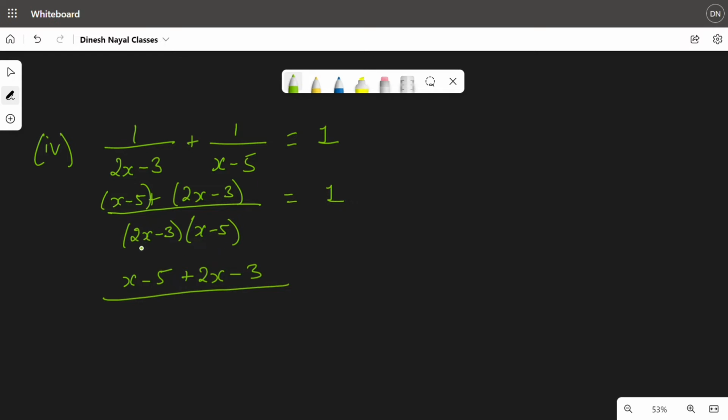See, this will be 2x into x, which is 2x square, and 2x into minus 5, which is minus 10x, and minus 3 into x, which is minus 3x. Sorry, minus 3 into x should be minus 3x.